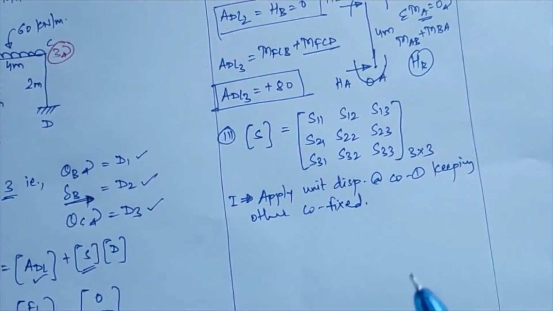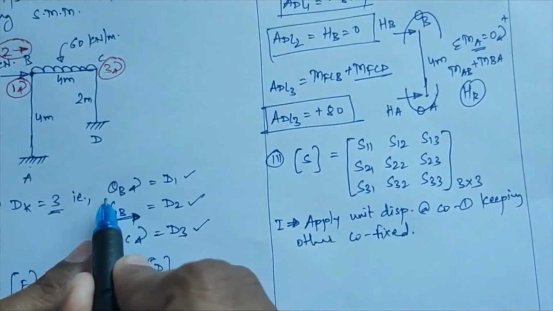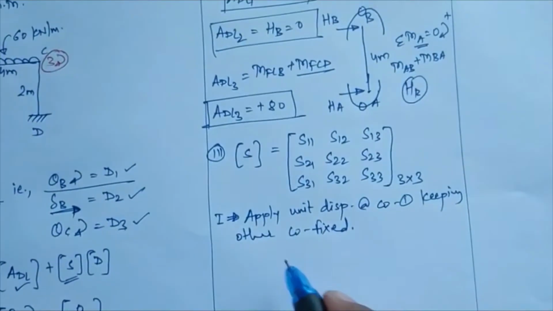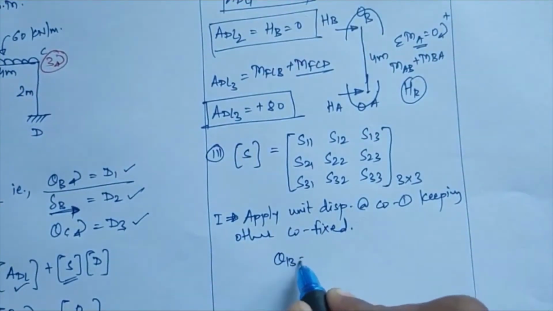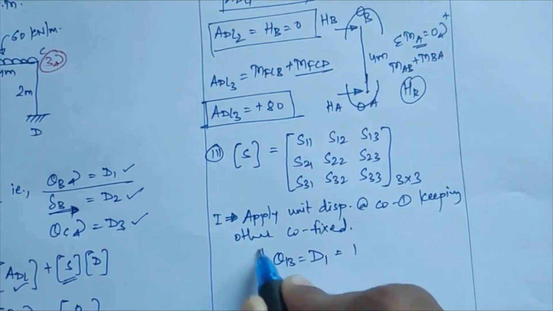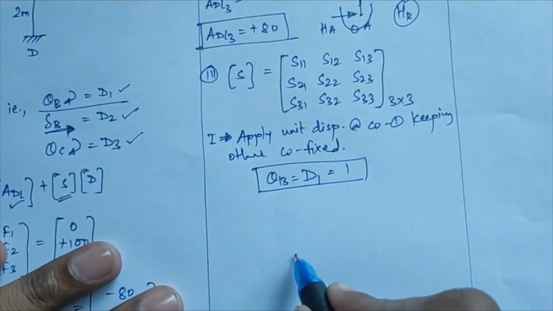That means you have to apply the first coordinate unit displacement, that is theta B is equal to 1, or D1 is equal to 1 there. Okay. So I'll draw the diagram for that.